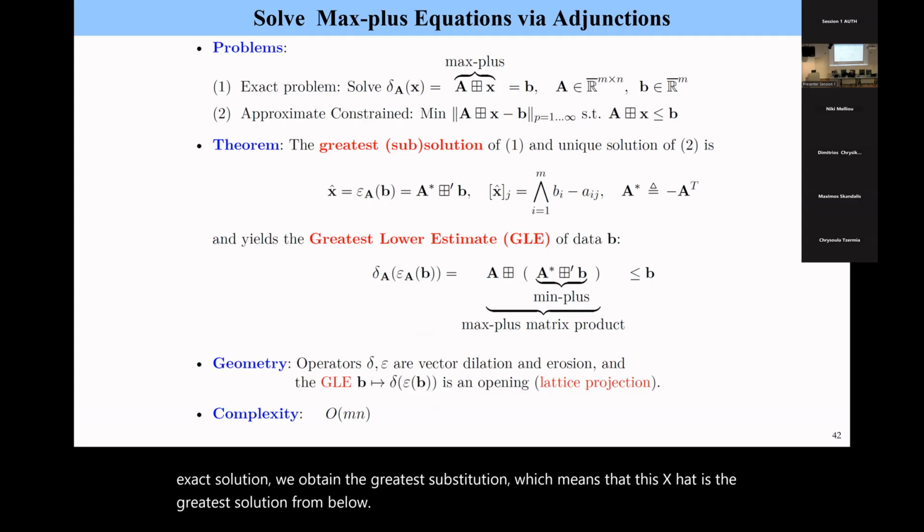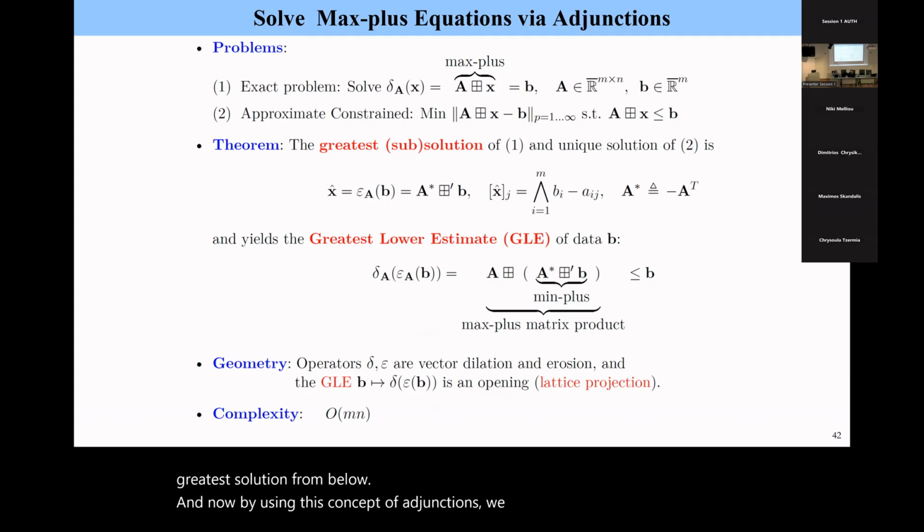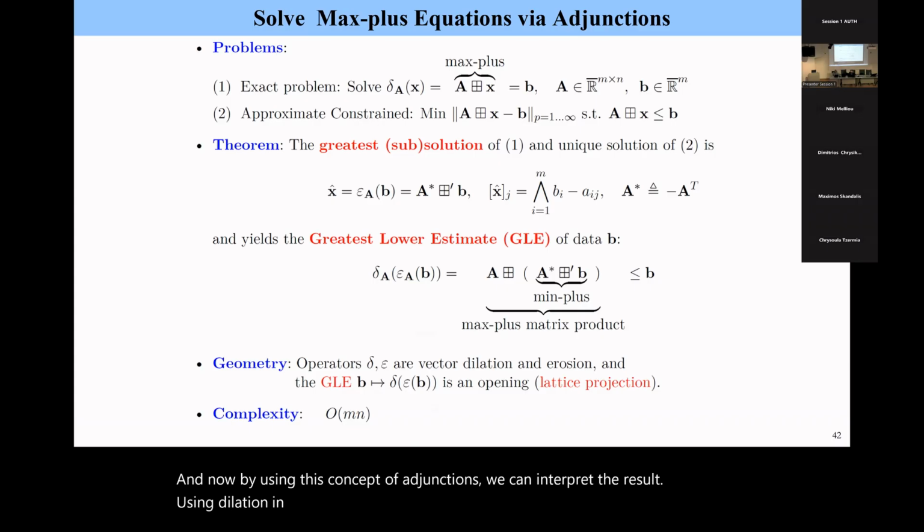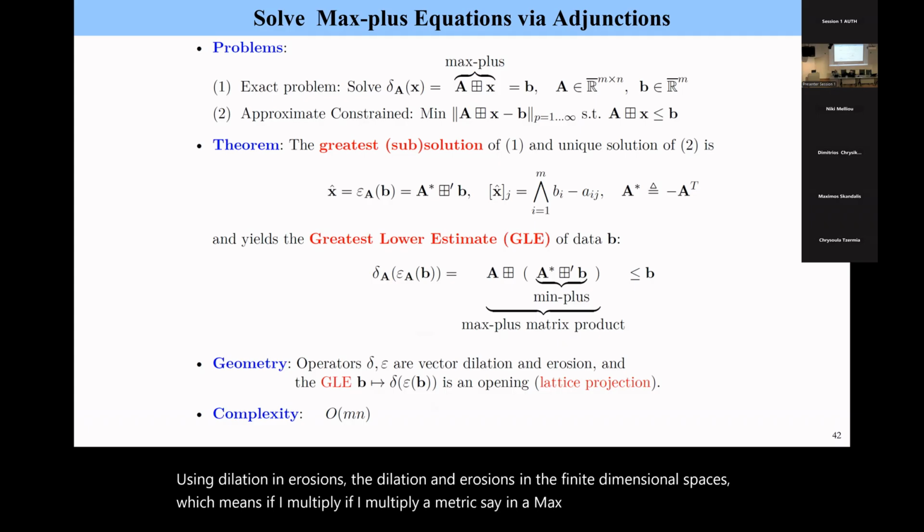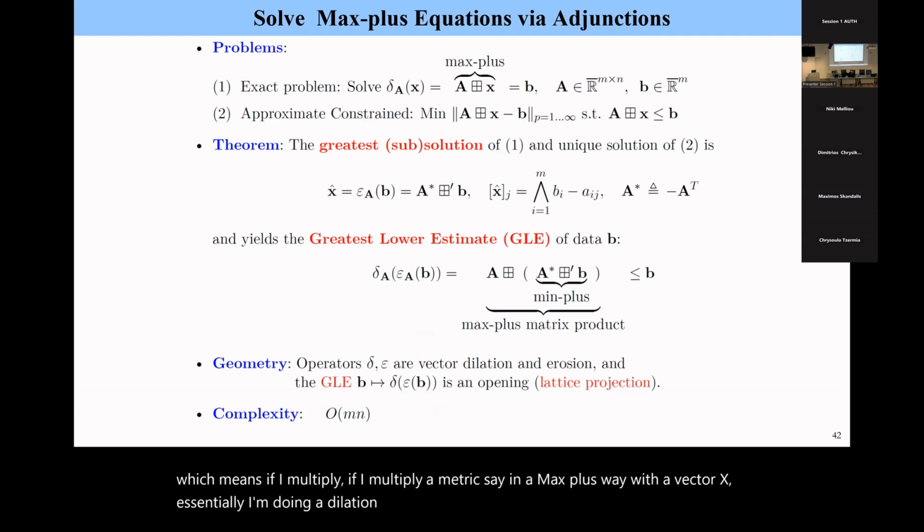And now, by using this concept of adjunctions, we can interpret the result using dilations and erosions. In finite dimensional spaces, if I multiply a matrix A in a max plus way with a vector X, essentially I'm doing a dilation of vectors. If I do a min plus product of a matrix with a vector, I'm doing an erosion.